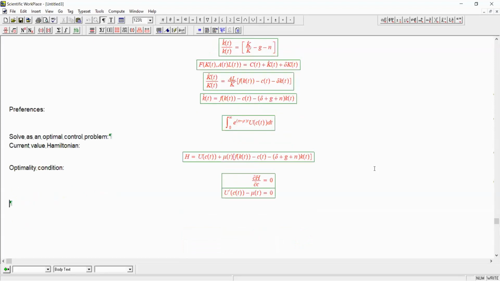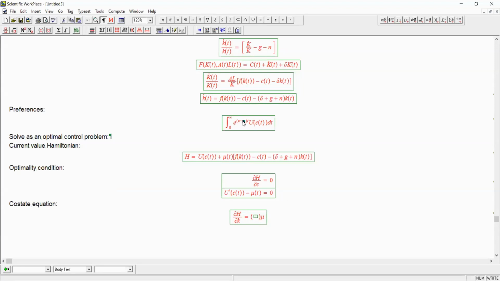Next, we want to write down our co-state equation. And the way we're going to get that is by showing that the derivative of our Hamiltonian with respect to the state variable, which is capital, should be equal to mu times the discount rate. The discount rate is rho, but remember we also have population.